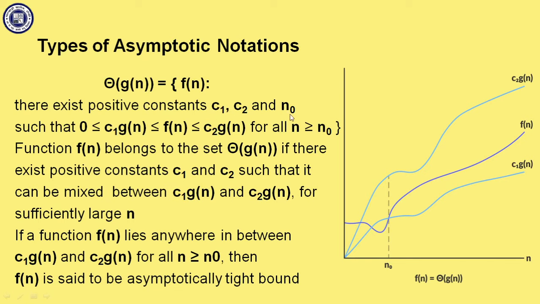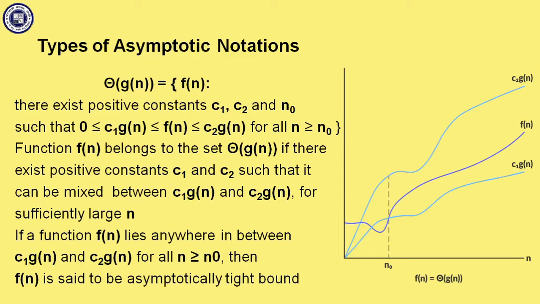Here c1 and c2 are the two constants that represent the lower bound and the upper bound of a given algorithm, and n0 defines a position where we consider both the upper and lower bound nearly equal. That is arbitrary closeness.